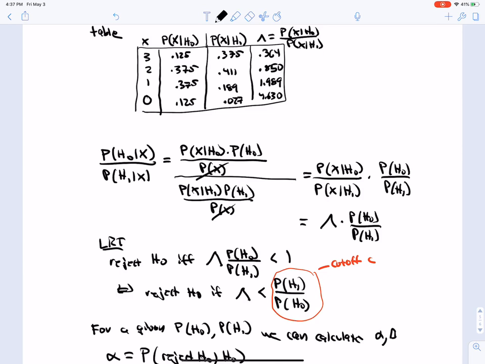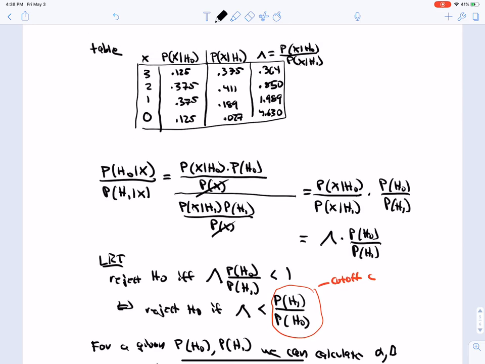And so another way to say this is that we reject the null if lambda is less than the probability of h1 over the probability of h0. So this ratio of priors is our cutoff. And we don't involve alpha. It's not asymmetric. There's something very pure about this.